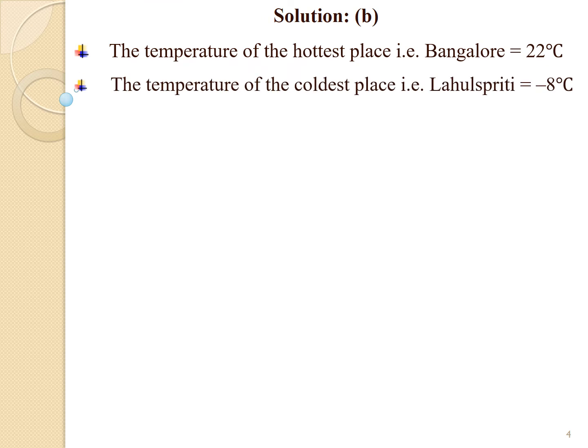Students, now we have to find out the temperature difference between Bangalore and Lahul Spiti. And we know that in order to find out the difference between the temperature of Bangalore and Lahul Spiti, we have to subtract minus 8 degrees Celsius from 22 degrees Celsius, as the word difference is given to us.